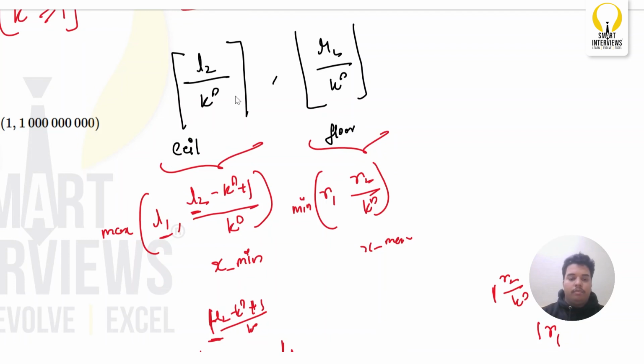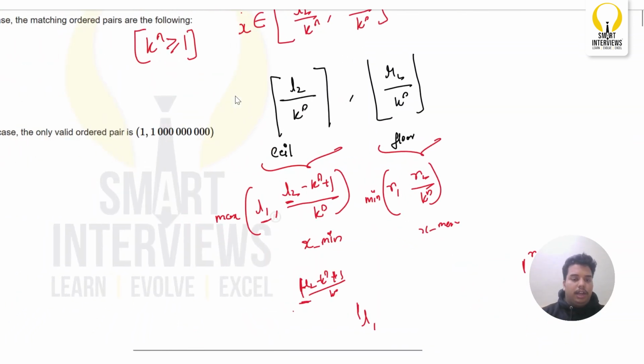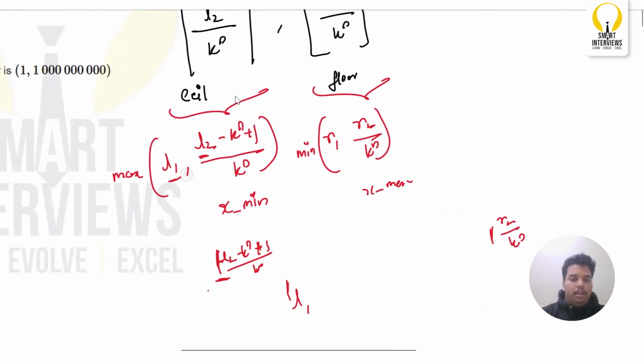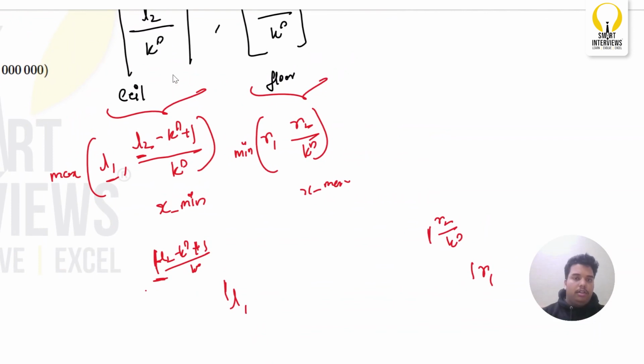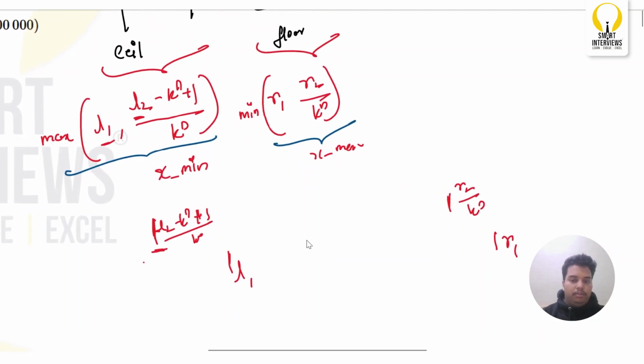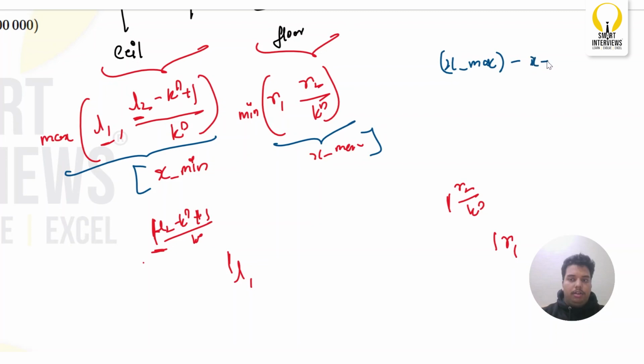So let's try to code this up. You need to find the x min and the x max, and whatever values you get, you need to include both of them. These are the limits of your answer. So x max minus x min plus 1.